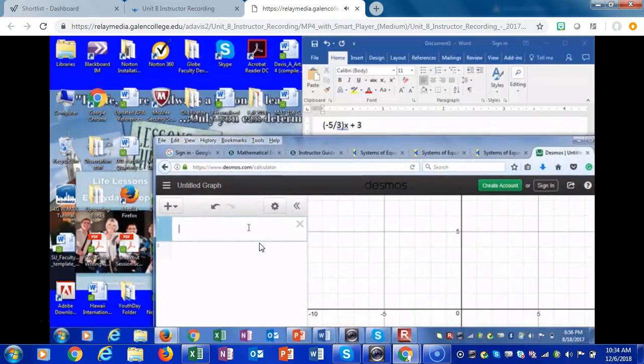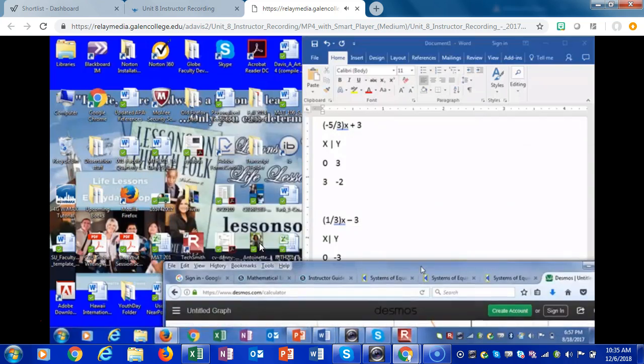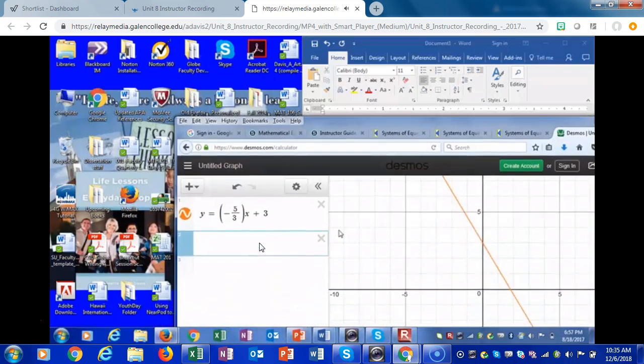First equation is y equals, in parentheses, negative 5/3 x plus 3. And this is a Desmos calculator, so you can use this definitely for your problems. So that's our first line. Our second line was y equals 1/3 x minus 3.